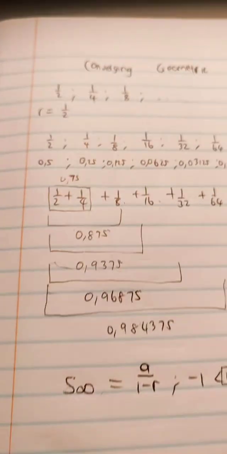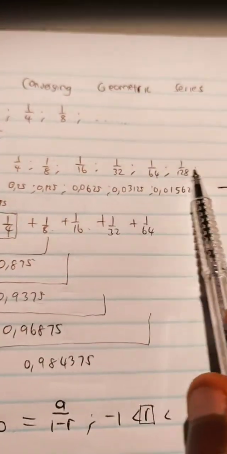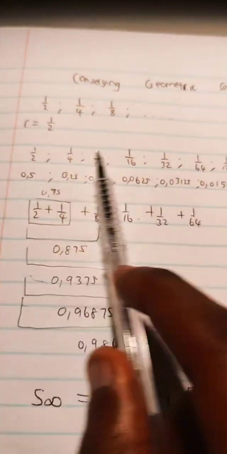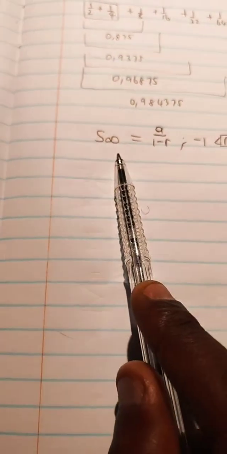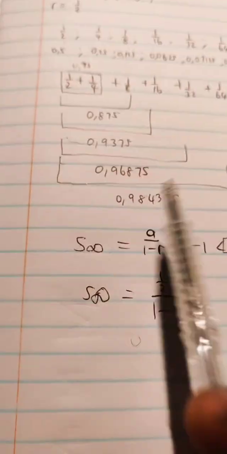So, guys, as you said earlier, to calculate the sum of these terms I'm going to use S infinity equal to a over 1 minus r. The first term is half, and you established that the constant ratio is half. So we have 1 minus half.